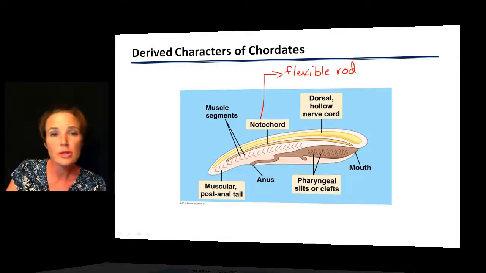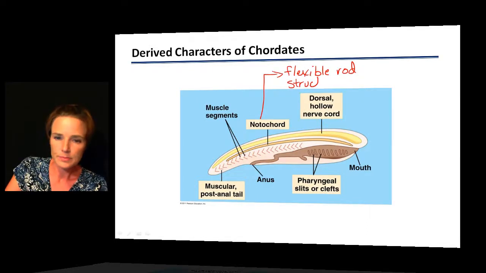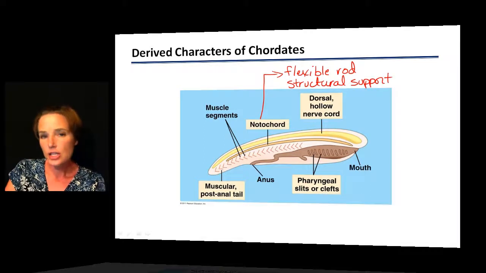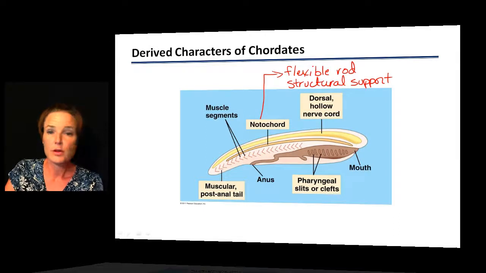This is going to be fluid-filled cells that are enclosed within fibrous tissue. It's going to provide a lot of structural support. And eventually, if we're talking about human vertebrae, they do ultimately form from this notochord.